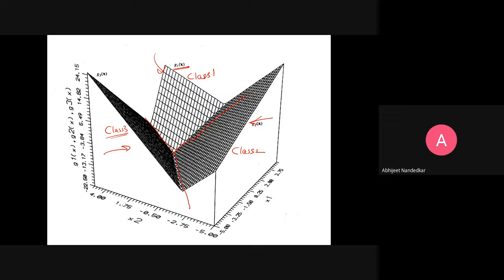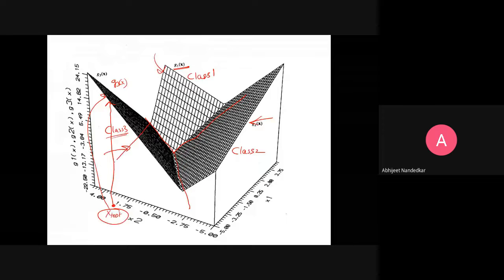Suppose some sample is over here, and you want to find out which class it belongs to. You find the values of this point for the 3 functions. You will see that this x test will produce the largest value at G3(x), because G1(x) is going down from this point, G2(x) is also going down, and this plane is also going down.